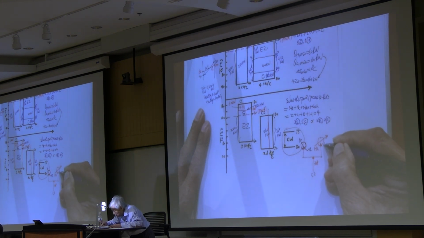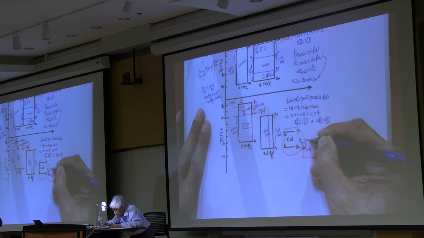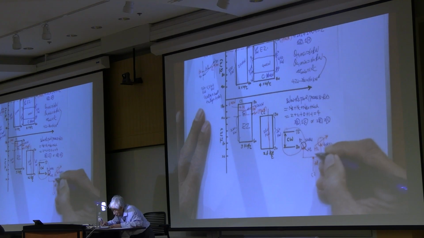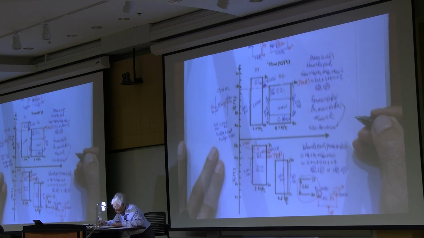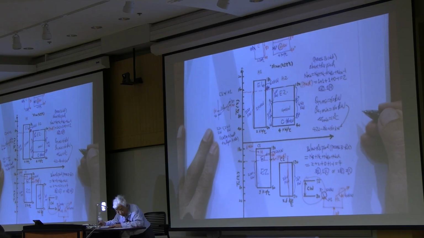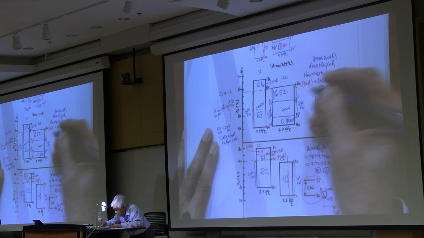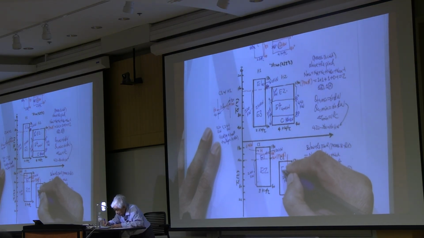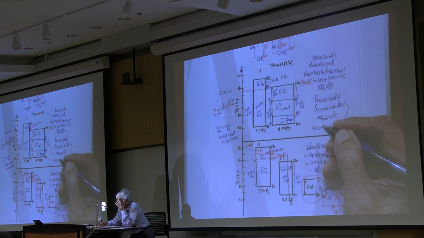This one is 40 kilowatt. This one is 220 kilowatt. And total 260, right? So, you can put E3 here, E4 here, E3, E4.